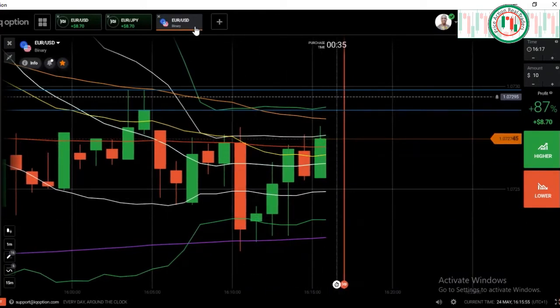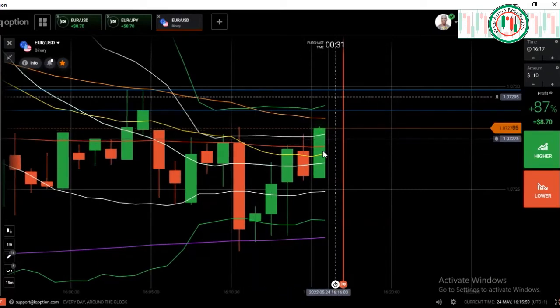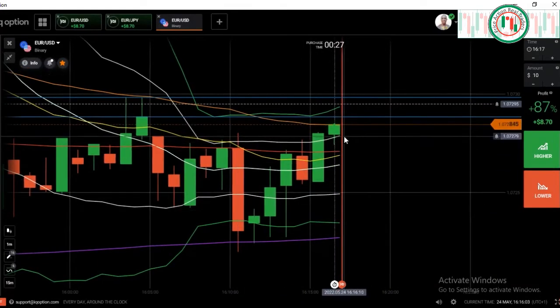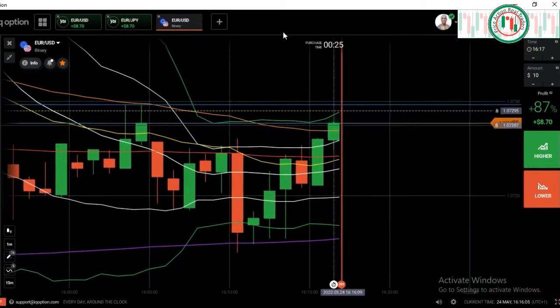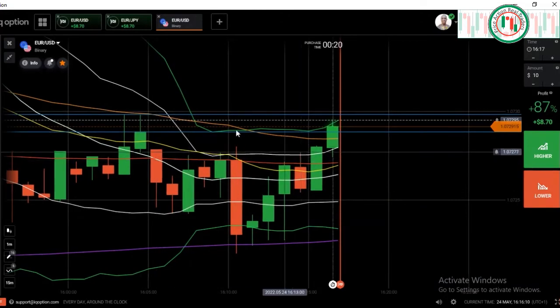See rejection here, and this is really bad market. And this is zone, market very fast. So let's check another one. This one is not nice.